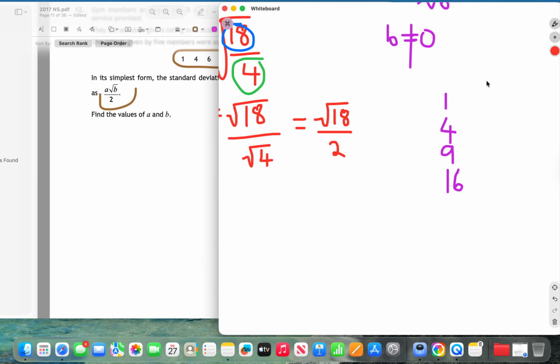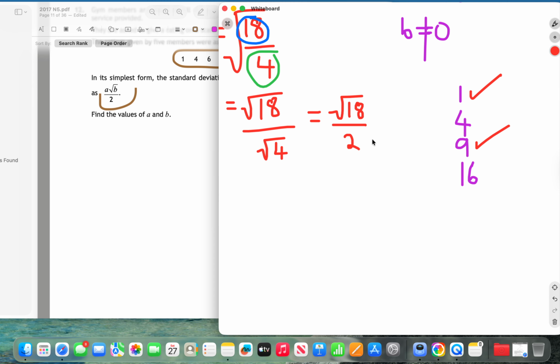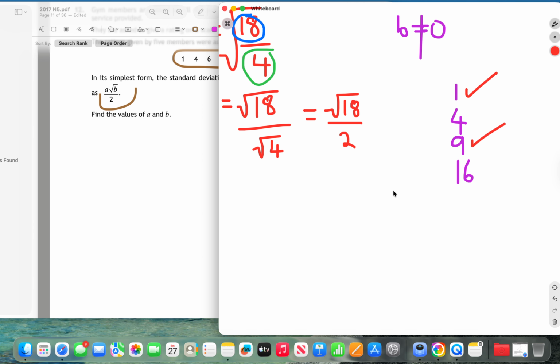And then you're going to put a tick next to all of the factors of 18. So 1, yes, 4, no, 9, yes, and 16's no. The highest factor in the list is 9. So out of the factors that you've ticked, the greatest one is 9.